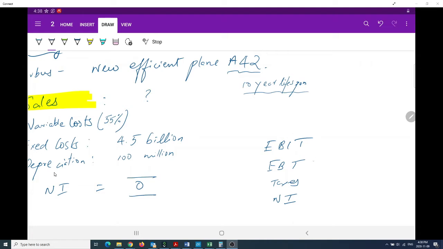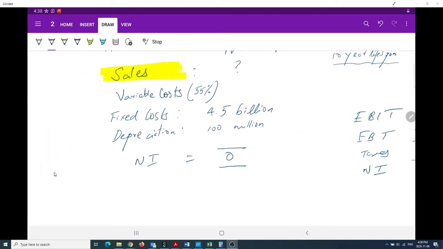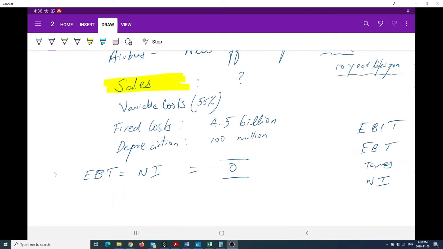If your earnings before taxes are zero, your taxes also tend to be zero, and the net income is zero. So instead of net income, you could say earnings before taxes should be equivalent to zero. Once we have this condition, you could solve for sales.